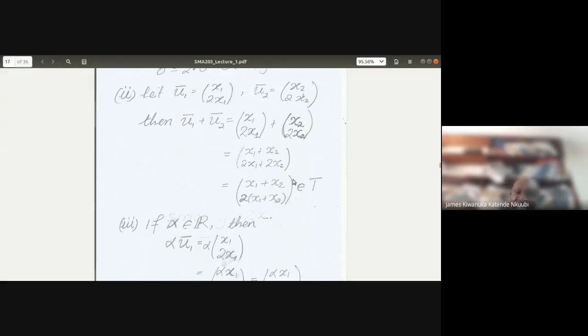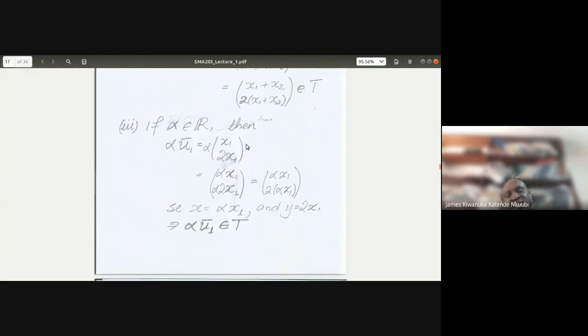So clearly you can see that the second coordinate, or the second component of the vector, is 2 times the first component. And that is all we need to confirm that a vector is in T. So this vector is definitely in T, and that proves that if we add any two vectors in T, we still get another vector in T.